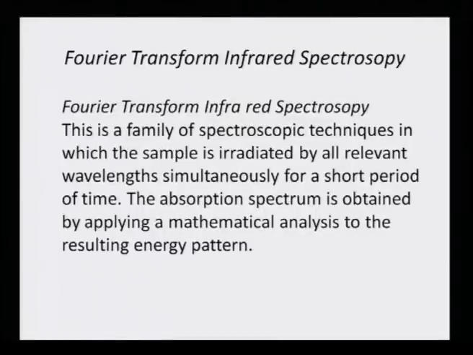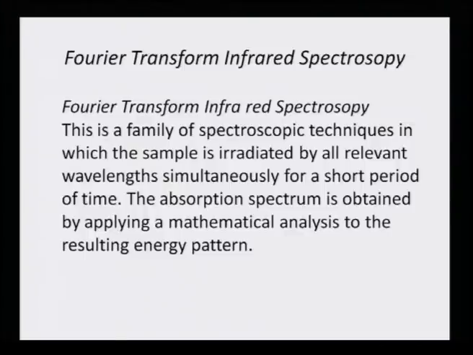The more advanced level of infrared is Fourier transform infrared spectroscopy. This is a family of spectroscopic techniques in which the sample is irradiated by all relevant wavelengths simultaneously for a short period of time. The absorption spectrum is obtained by applying a mathematical analysis of the resulting energy pattern.